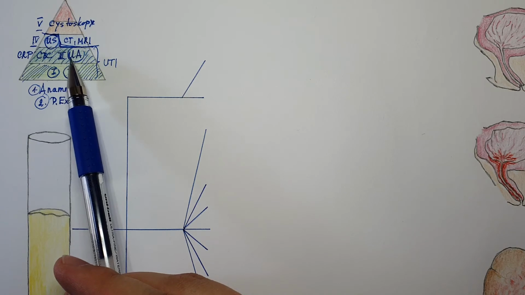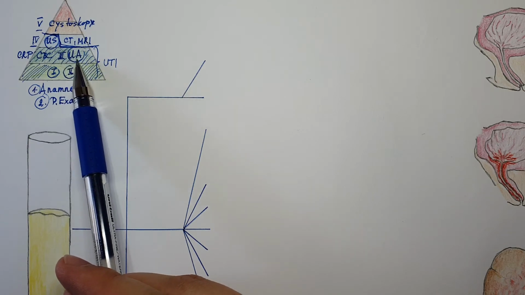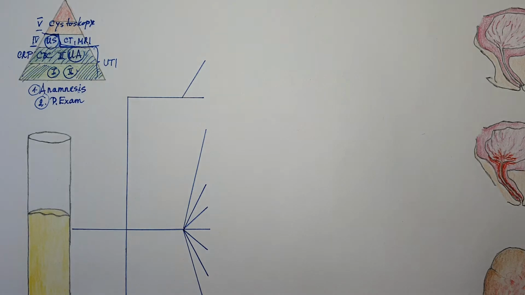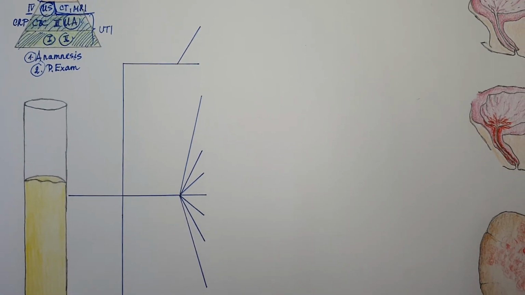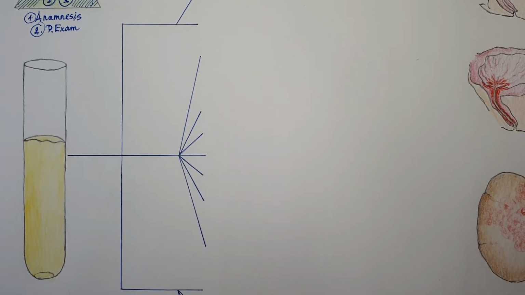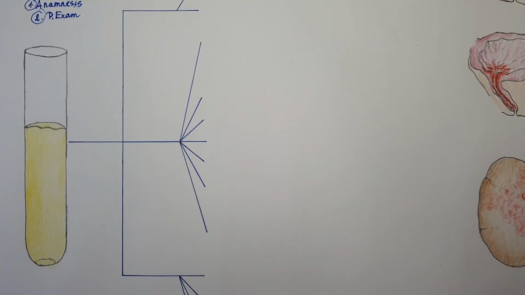Now we will look at urine analysis because it is a key test to analyze obviously the urinary tract and especially the urinary infections. So in urinalysis, a sample of urine is taken, and the urine is taken into special little boxes.